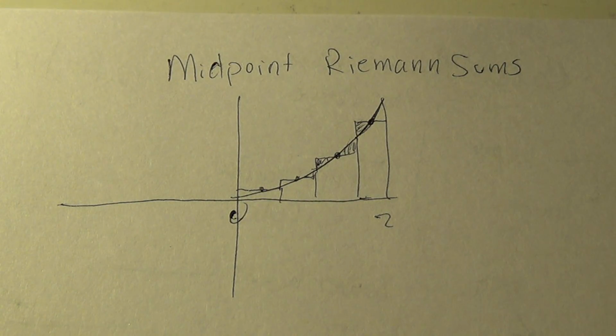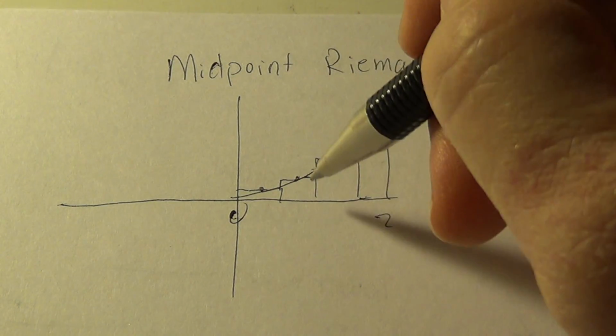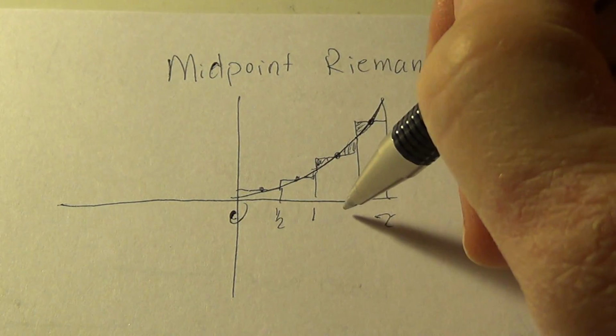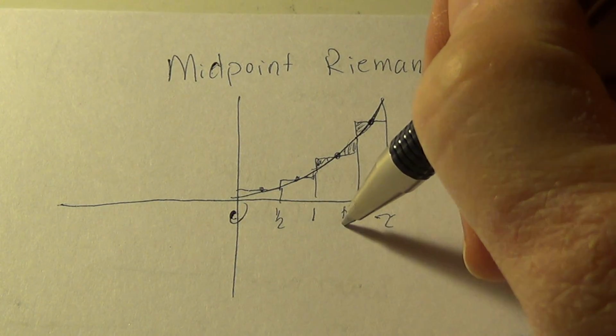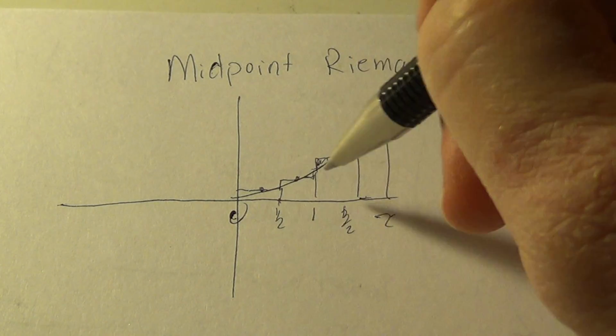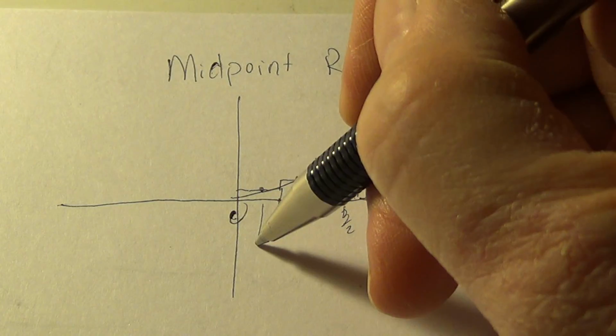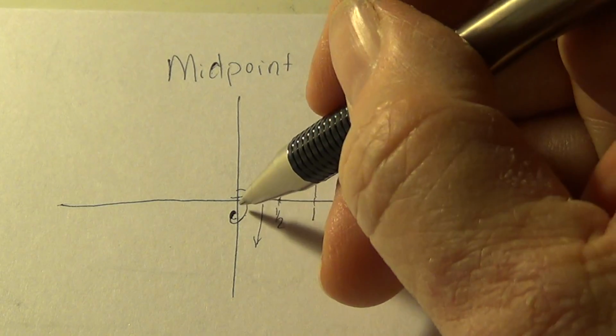All right, let us look at the midpoint Riemann sums for this example. So if this is 2, this is 1, 1/2, 1.5, or 3/2 for these points. But now we're interested in the points in between. So what falls between 0 and 1/2?